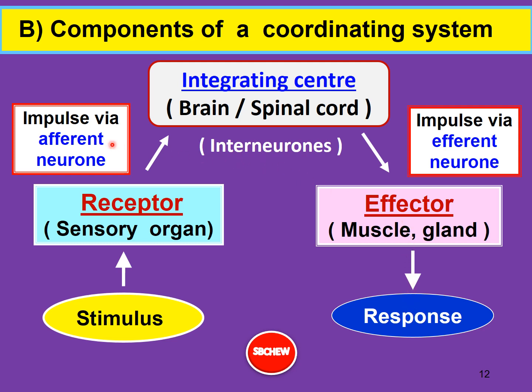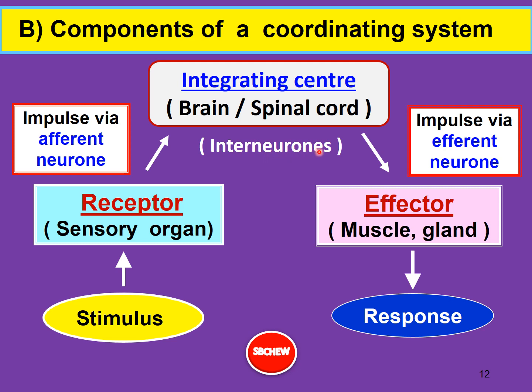Now, as for interneurons, interneurons are the third type of nerve cell. We have the afferent neuron that transmits the impulse to the integrating center. Then you have the interneurons in the integrating center itself, because the brain and spinal cord are made up of millions and millions of interneurons, which is another type of nerve cell.